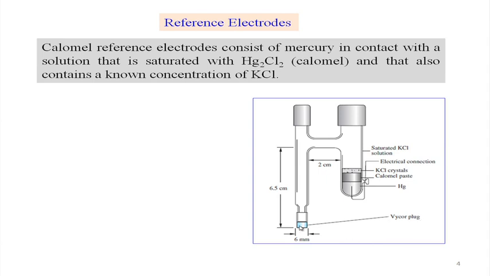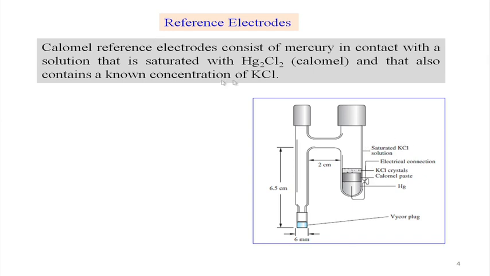Vycor is also a trade name for some polymeric material which can pass only selective ions like your protons. So, it is an ion selective membrane that we can consider here.